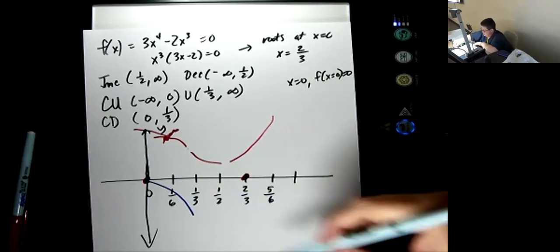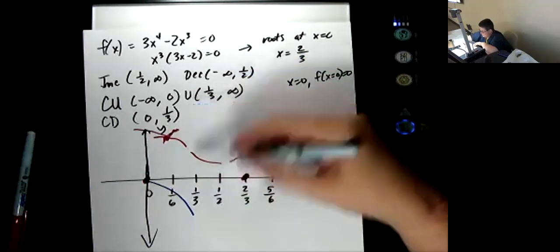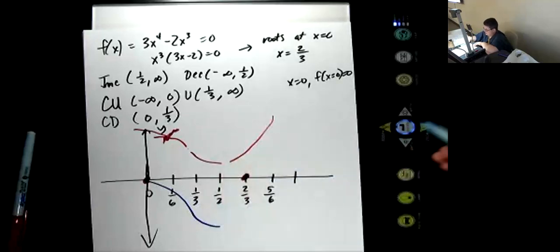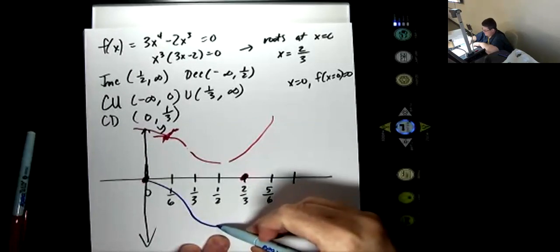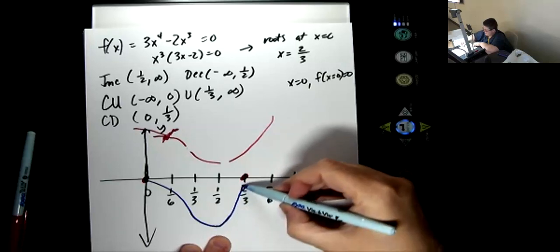And it's still decreasing all the way up to 1/2, but the concavity changes and it starts going upward here. And at 1/2, the concavity is still up, but the slope starts increasing. So it's got to be curving like this.